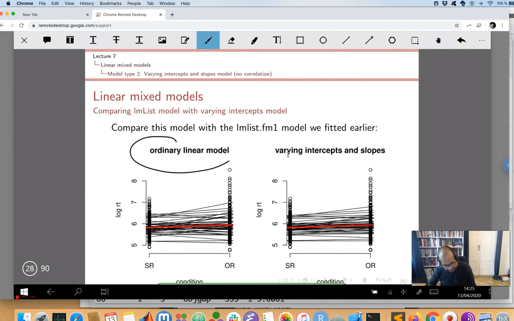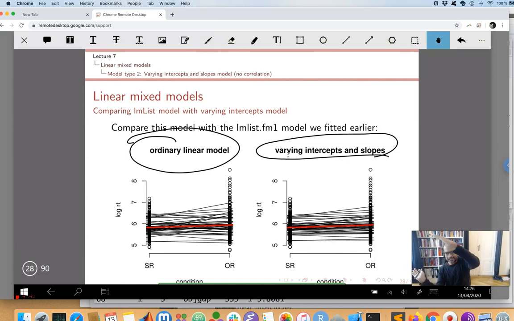When we use the lm_list function to fit a separate linear model for each subject, the slopes varied wildly between one subject and the next. You can see a lot more variation in the slopes in the lm_list approach. But in the varying intercepts and varying slopes linear mixed model, you notice a much smoother tightening of the slopes. They don't look so wildly varying across subjects, and there's a reason for that.